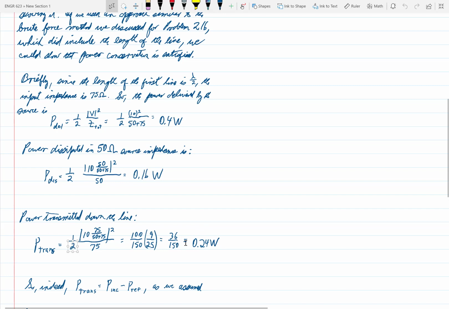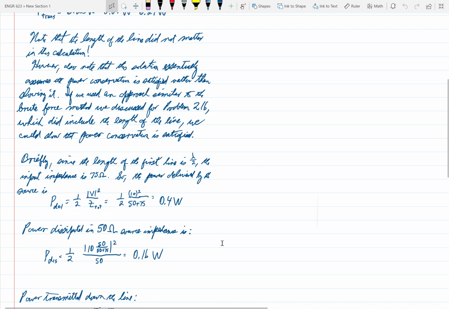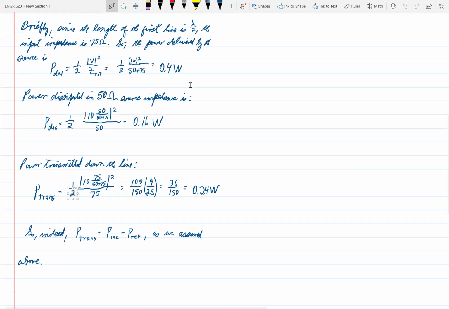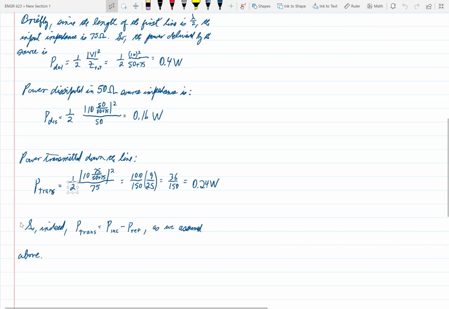We made it a direct calculation, and when we compared it with what we did up above, we see that it agrees, and so that's how we can verify that power conservation is valid. It is working properly in this problem. And so that's it. A rather easy problem 2.18.